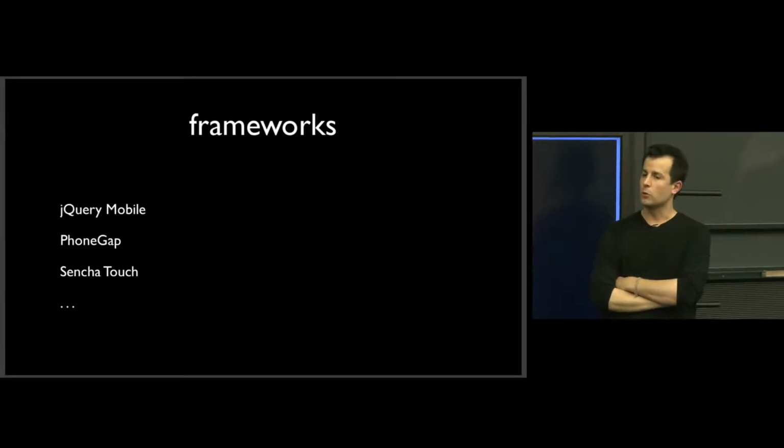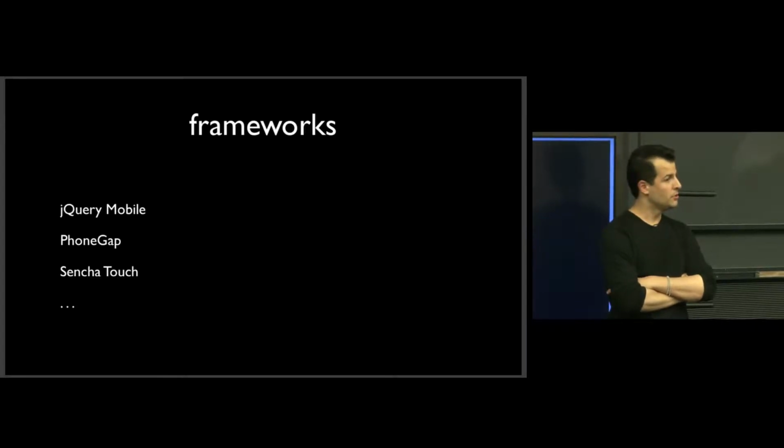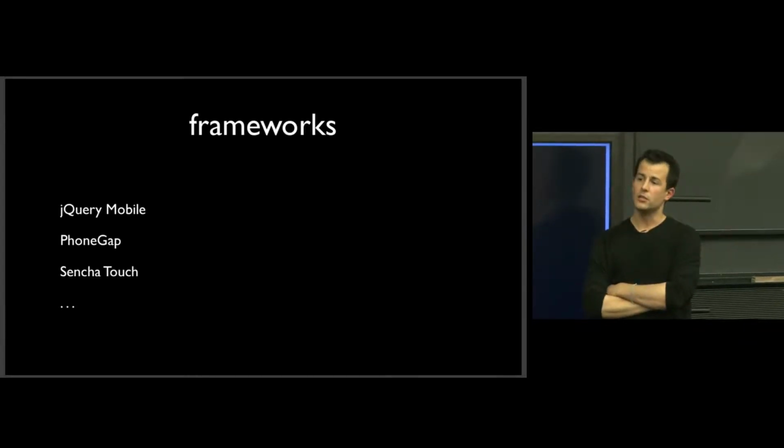PhoneGap is another framework that we won't look at tonight, but PhoneGap is sort of this best of both worlds, whereby it's a framework, so downloadable code that someone else wrote, that you can use to implement native applications using HTML and JavaScript. So you don't even have to know Objective-C yourself.